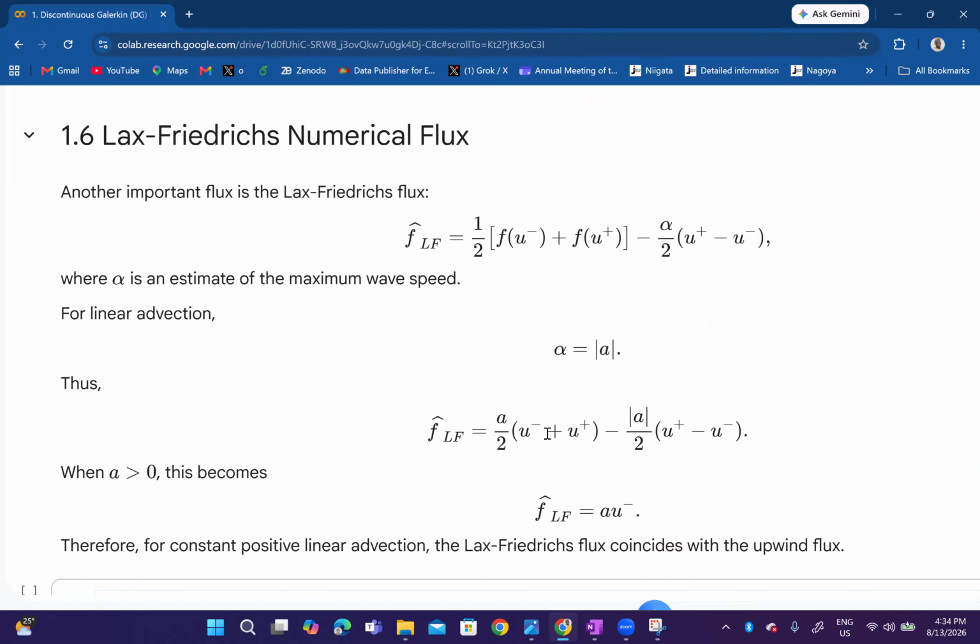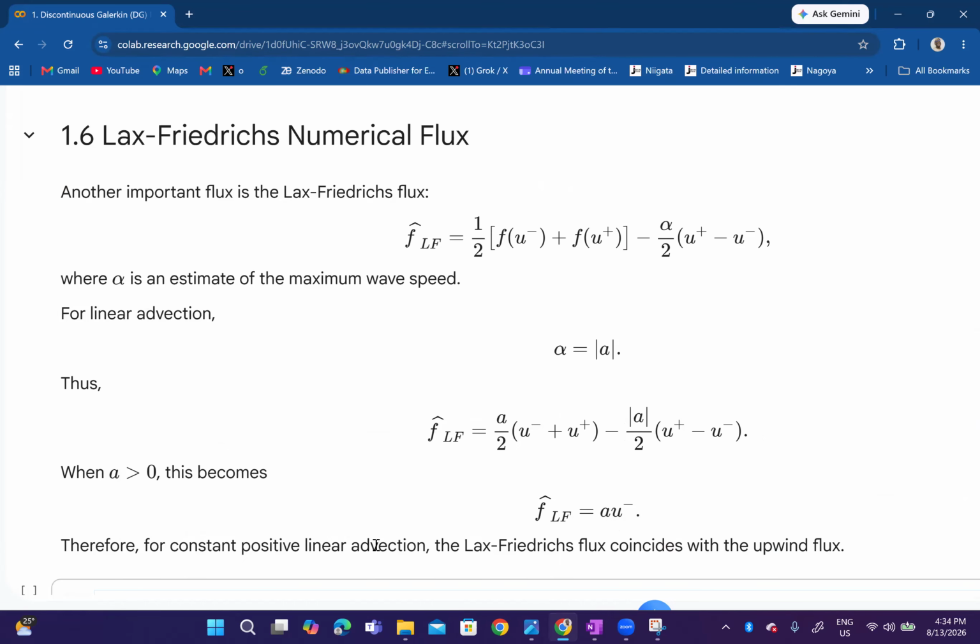So we just have a over 2 u minus, plus a over 2 u minus. We then end up having half au minus plus half au minus, which gives us au minus, because a is greater than 0.